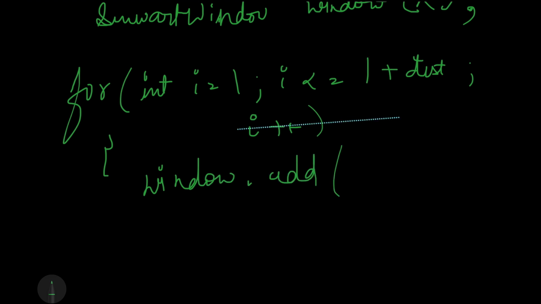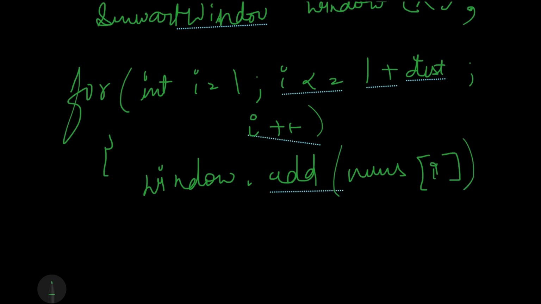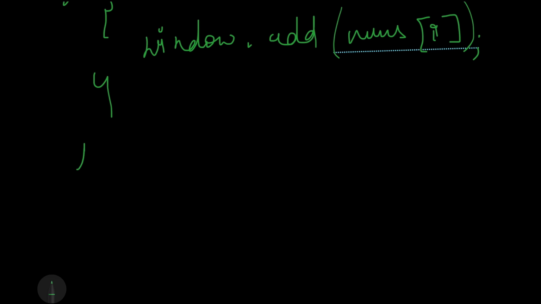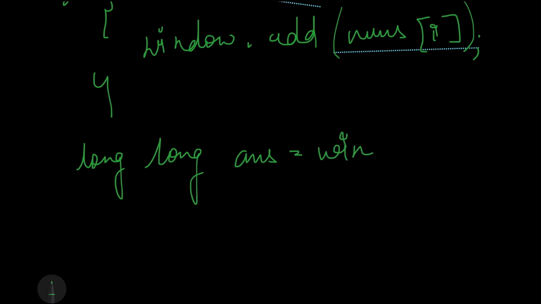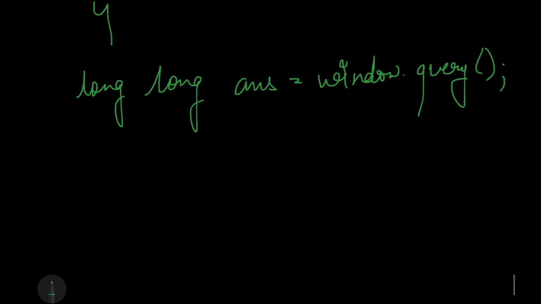Simply, we'll do window.add(nums[i]). Then we'll take a variable in which we'll store our answer, which will be window.query, as query was returning the smallest k elements.